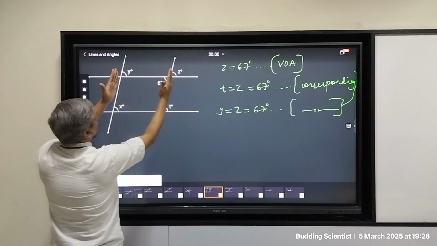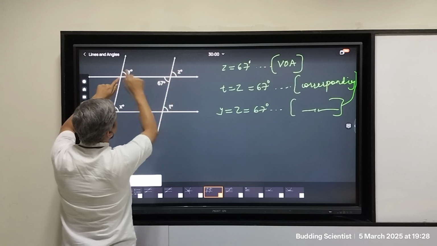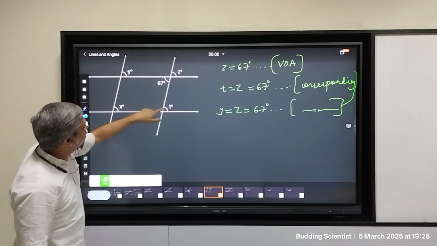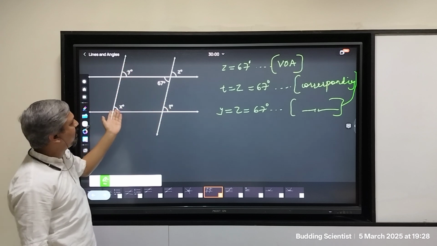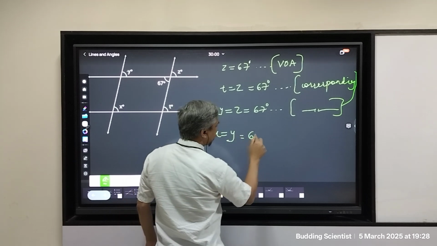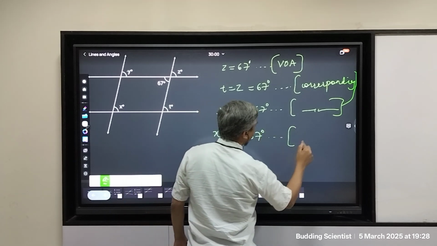These two sides are parallel, transversal, corresponding angles. And in whichever way they will be, x will also be 67. So I'll write x is equal to y is equal to 67 degrees because they are corresponding angles.